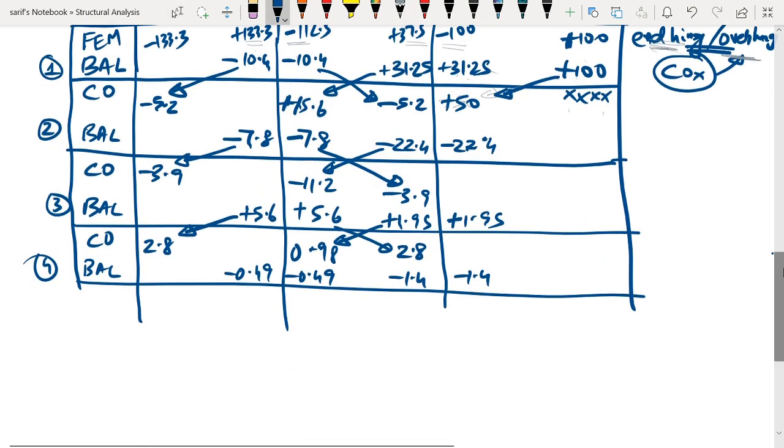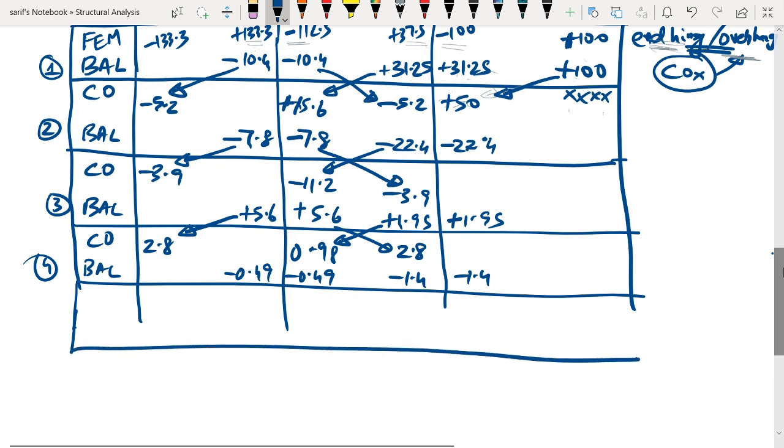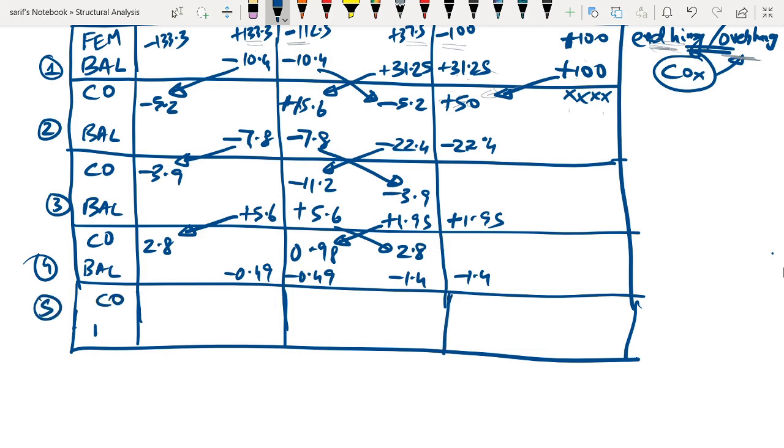What we can do is one more cycle of carryover and balancing. So if we do one more cycle of carryover and balancing, the carryover is going to be minus 0.25, and this is minus 0.7.